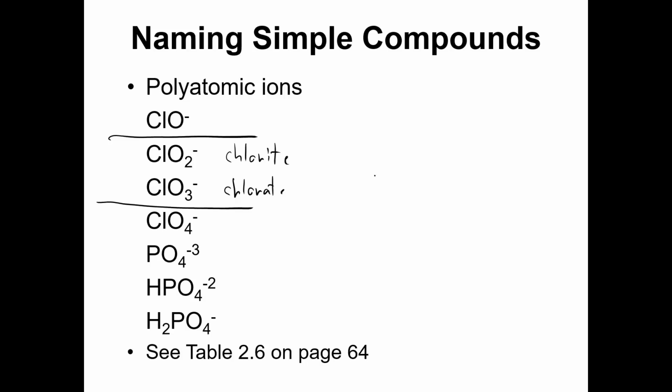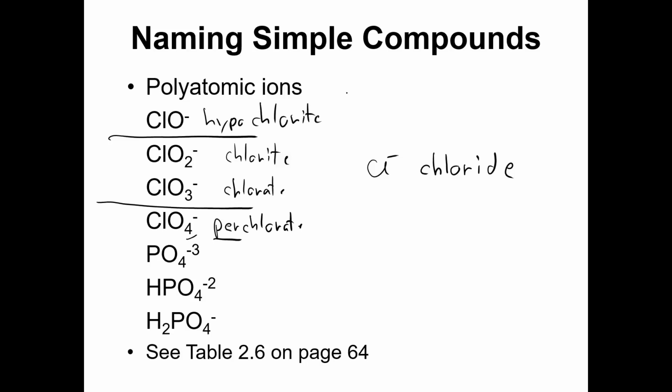Remember chloride, IDE. It's just a single element, but then we have one more than max, so we call that perchlorate. So we simply put a per in front of the chlorate, and here we have one less, we call that hypochlorite. Hypochlorite, sodium hypochlorite is bleach, for example.